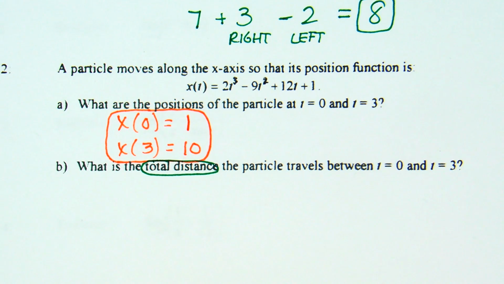Because in order to find that total distance, remember velocity, the definition of the integral of the velocity is the particle moving along the x-axis, and it represents our sum. So, wait a minute. We're not taking the integral.